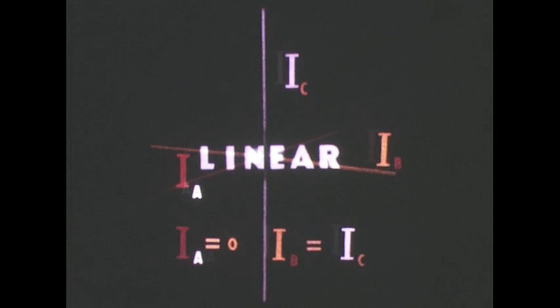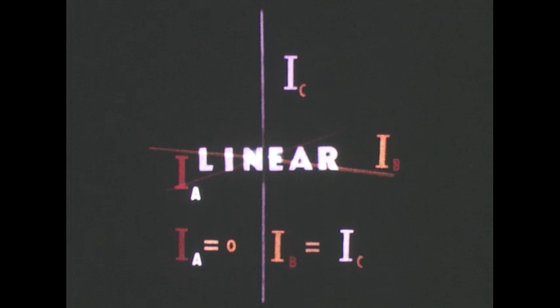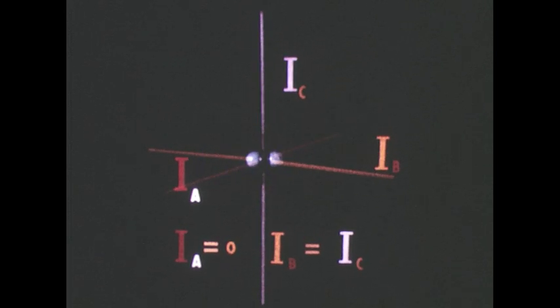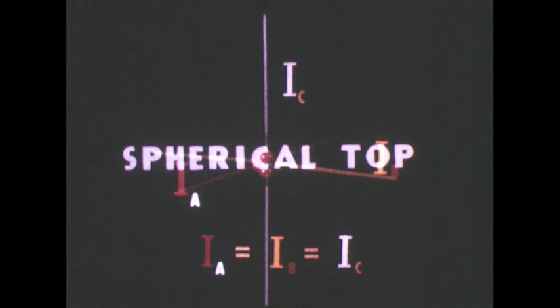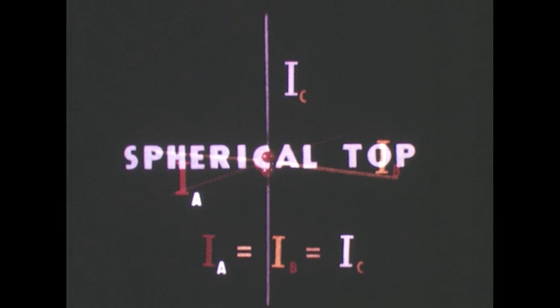Linear molecules, such as carbon dioxide, where I sub A equals 0 and the other two moments are equal. And finally, spherical top molecules, such as methane, where the three moments of inertia are equal.